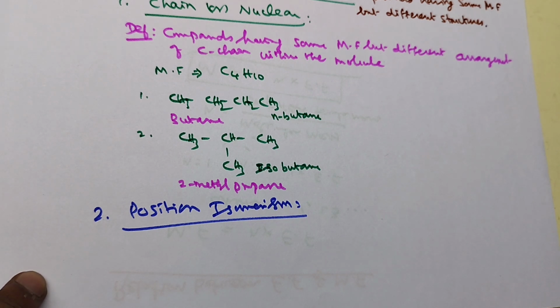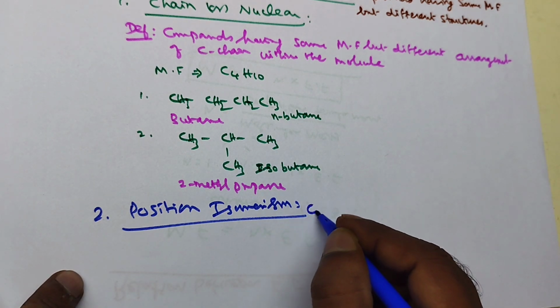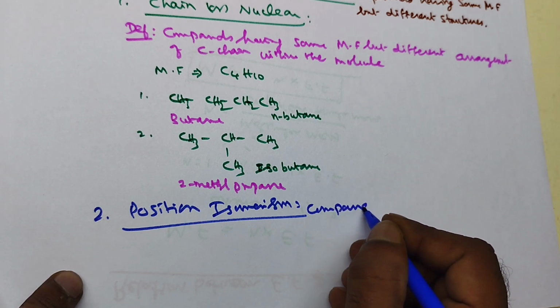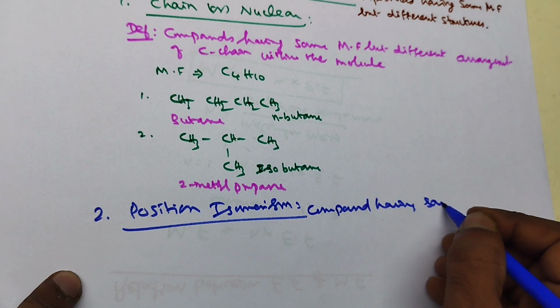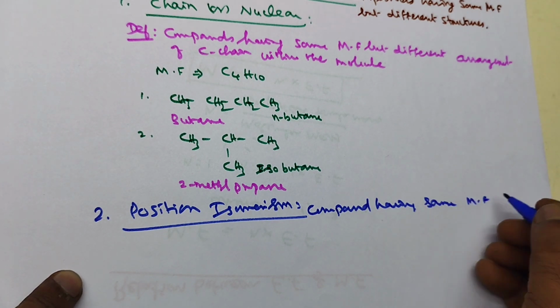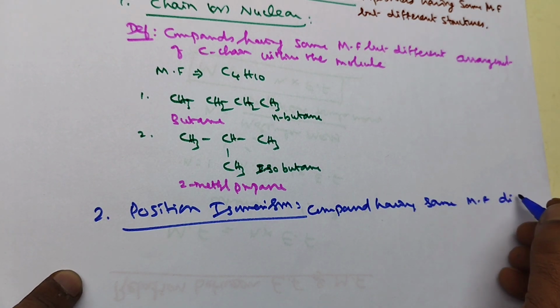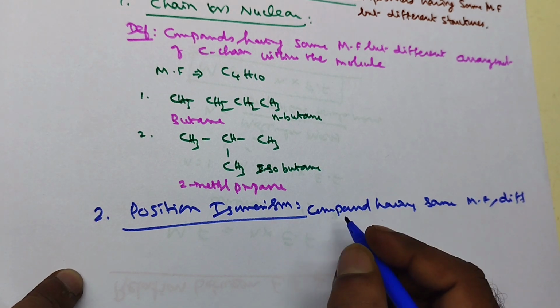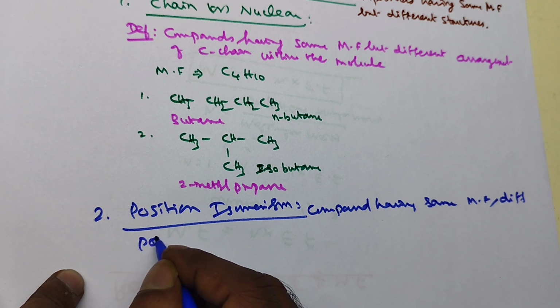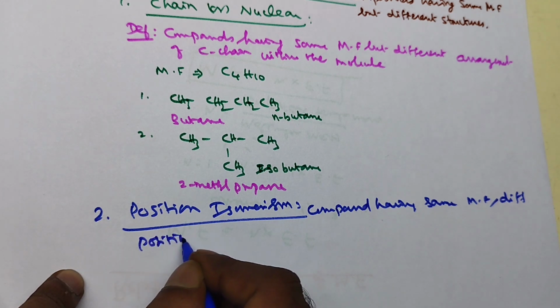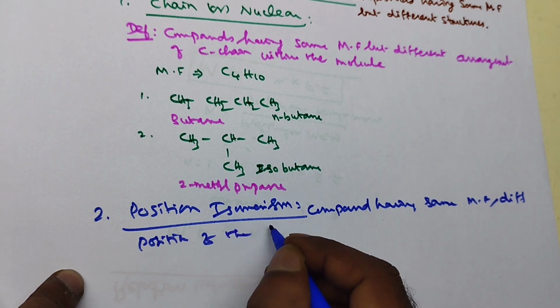That is called position isomerism. Compounds having the same molecular formula but a difference in the position of the functional group.